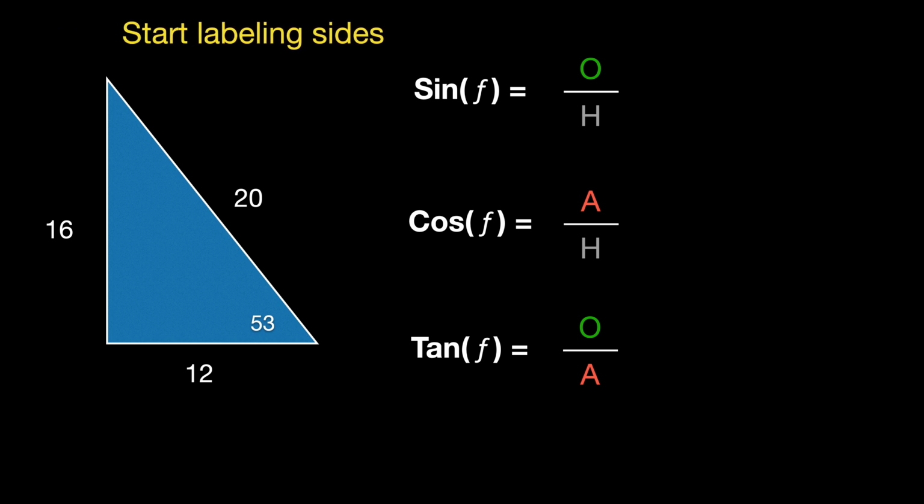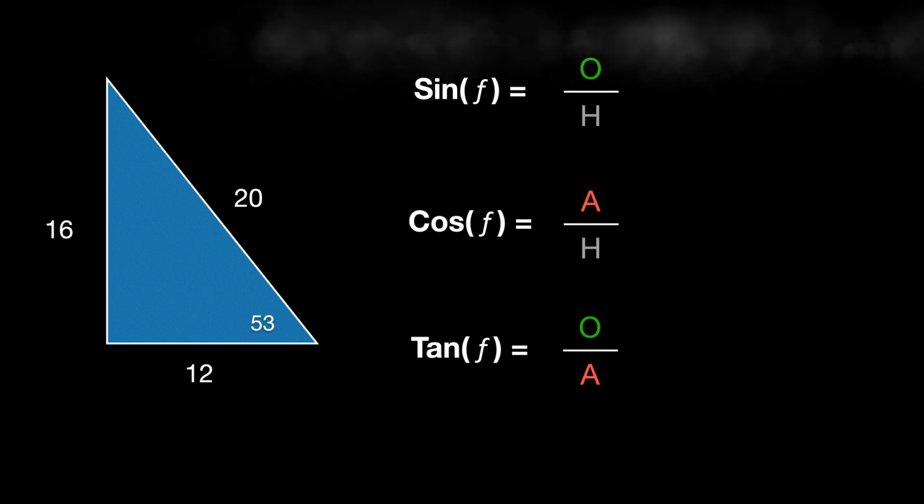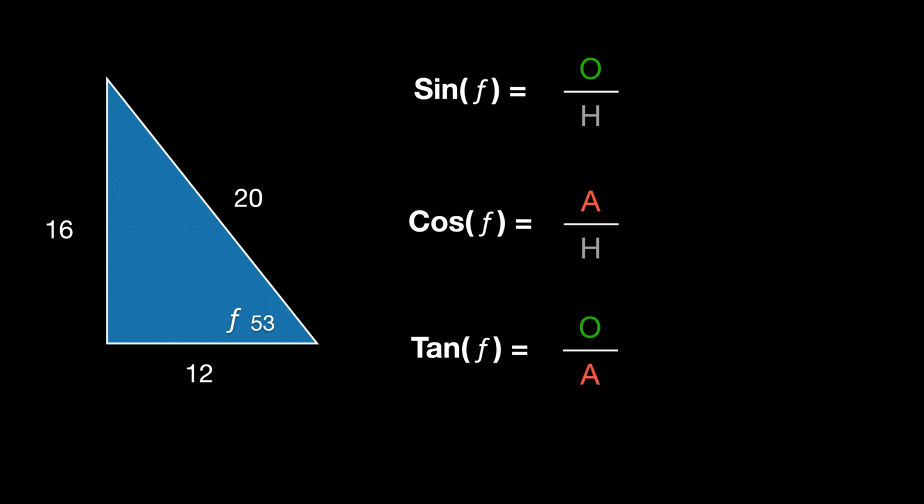This might be a good refresher if you forgot the labeling of sides. First, label the angle of focus, which is just the angle there. Then the hypotenuse, which is the longest side, and it's across from the 90 degree angle. Then the opposite, which is opposite of the angle of focus. And then adjacent is always right next to the angle of focus.